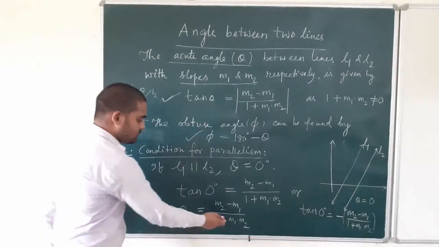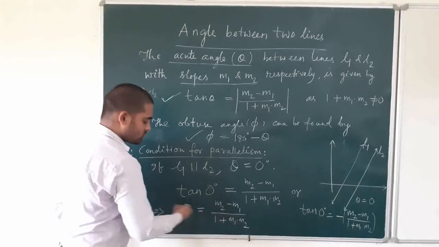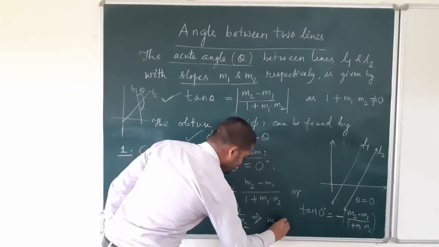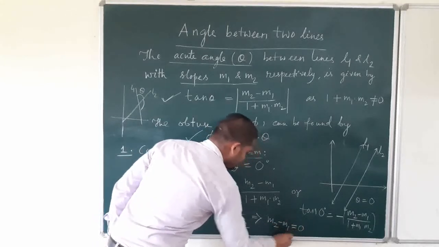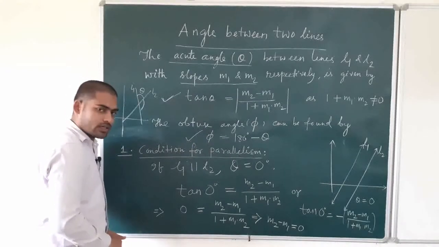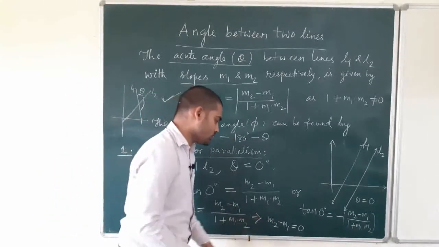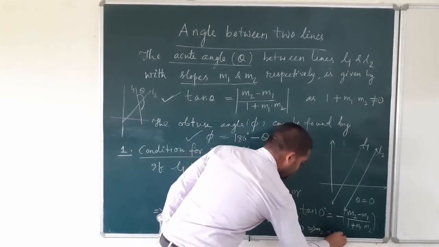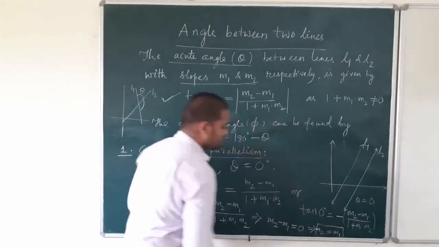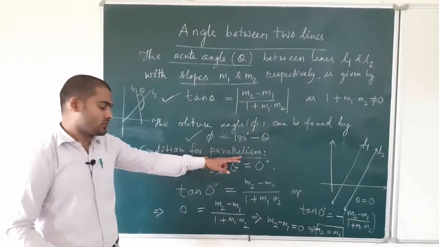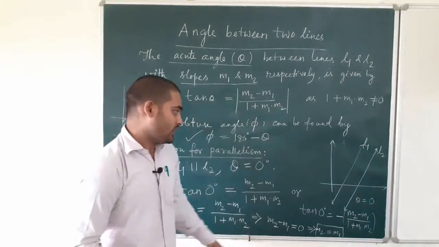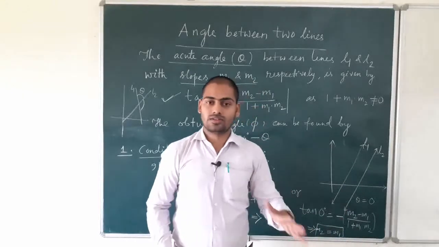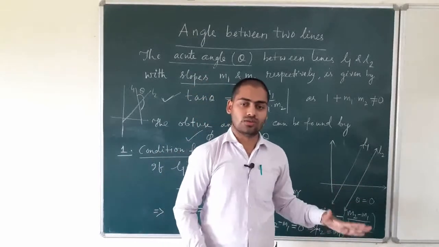Then if you cross multiply, you get m2 minus m1 is equal to 0, and that is m2 is equal to m1, and this is the condition for parallelism. That is, if two lines are parallel, then their slopes are equal.